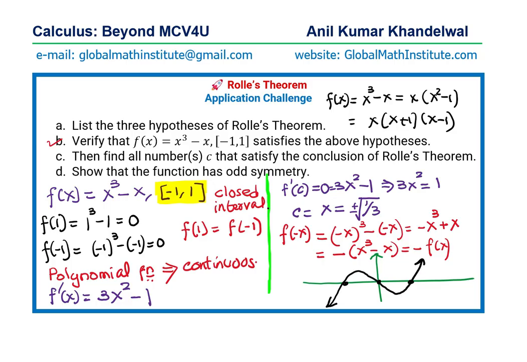You can clearly see that these are the points where it has zero slope or a horizontal tangent line. Right? And these points are plus and minus 1 over square root 3. Clear?